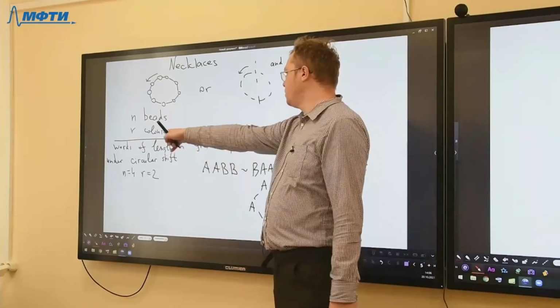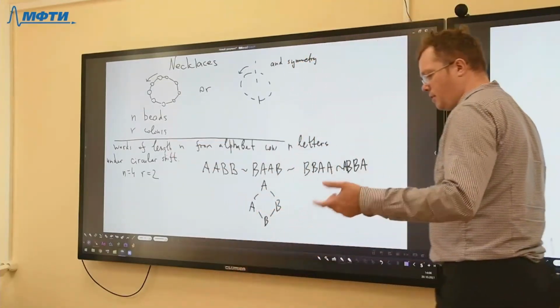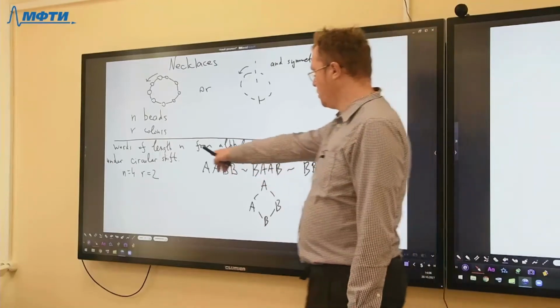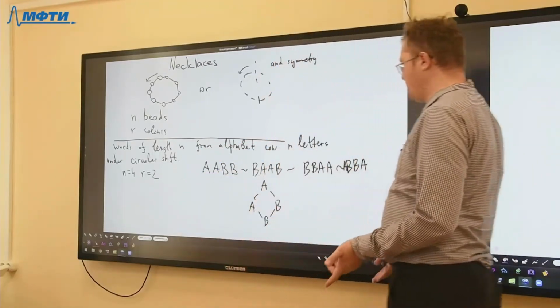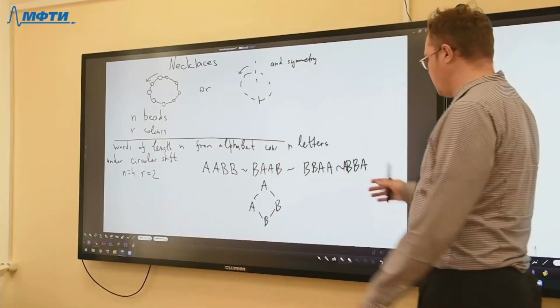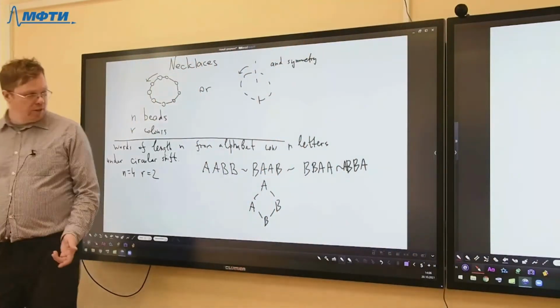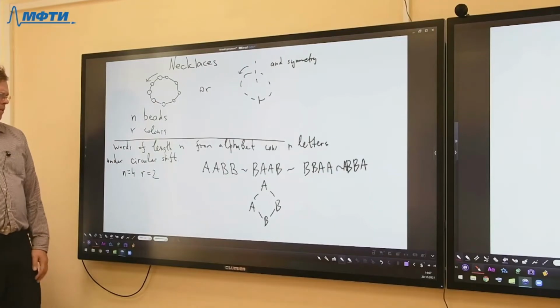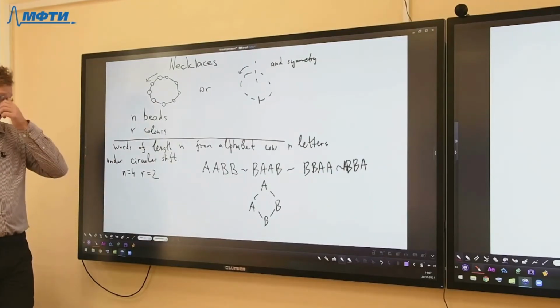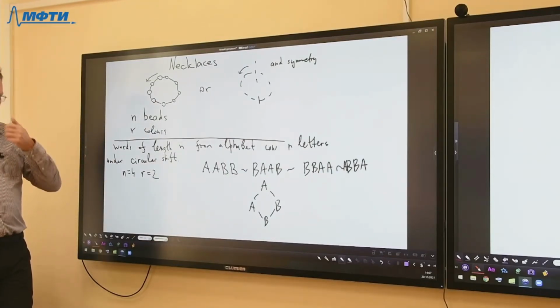We say that two words are equivalent if one can be transferred to the other using the circular shift. So this is the equivalence relation. Then we factorize over it, and we count the number of classes of equivalence of this relation. Do you know what an equivalence relation is? Do you know what it means?